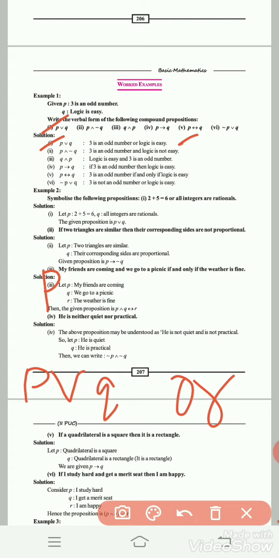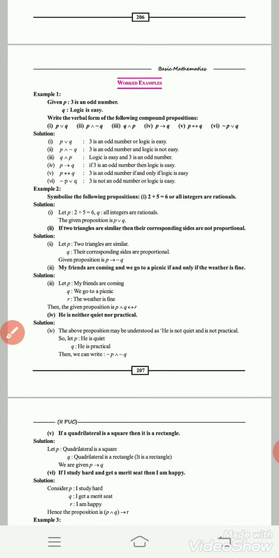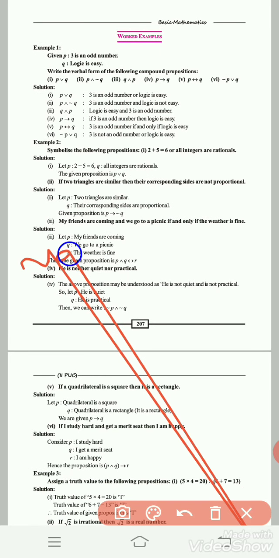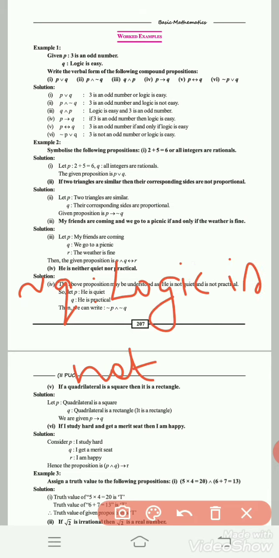See, second one, P and negation Q. First write down the negation Q. Q statement is logic is easy. Negation Q is logic is not easy.